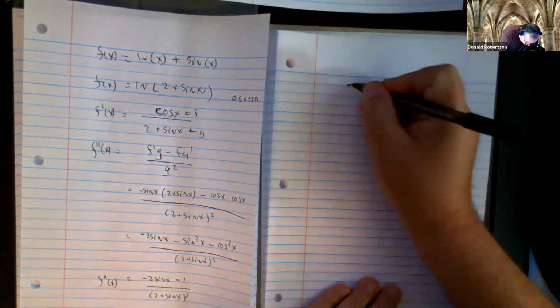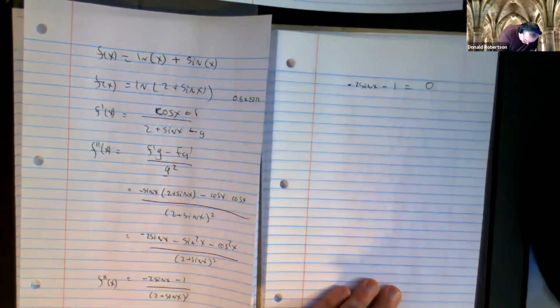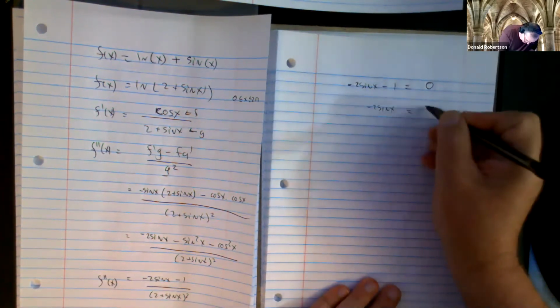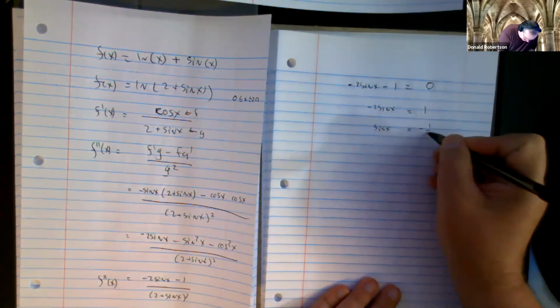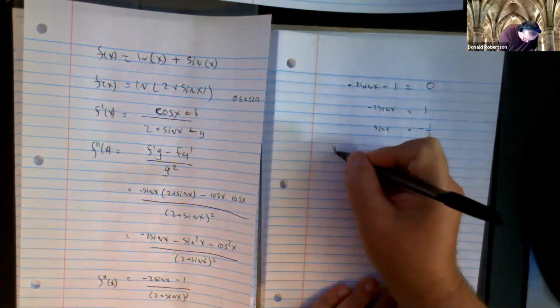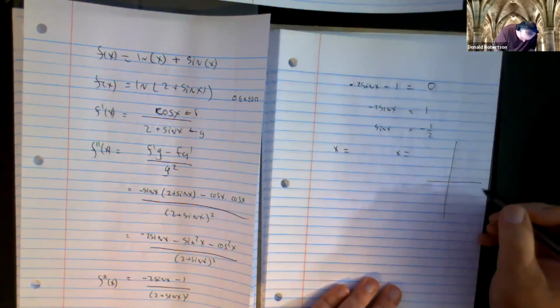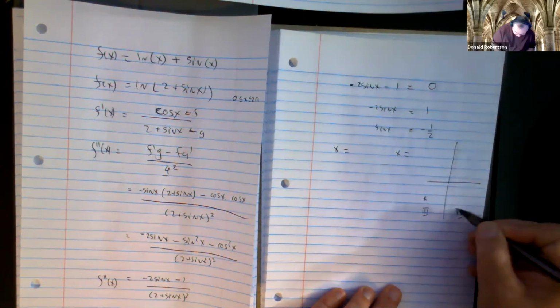The worst you could get would be negative 1, and that only adds up to 1. So I'm only focusing on what makes the top 0. And that becomes that, and that becomes that. And so I am looking for 2 quadrants where the sine is negative, which is the 3rd quadrant and the 4th quadrant.